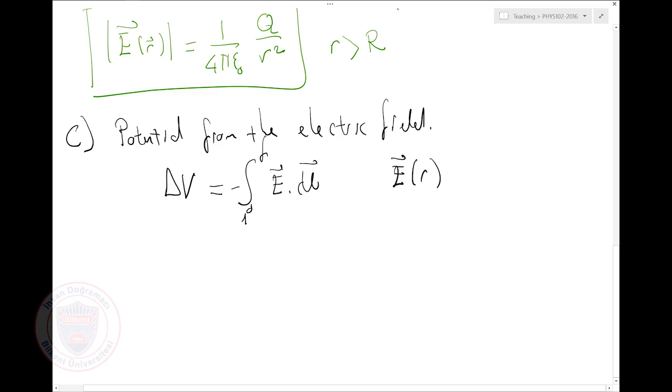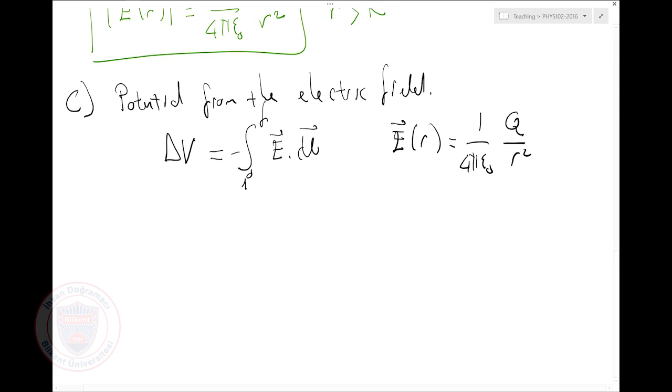So here I know E is a function of r, right? Just the usual Coulomb's law. The problem though is that this defines the potential difference between 2 points.